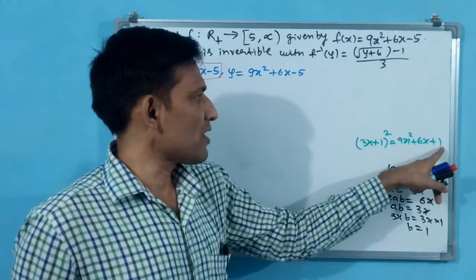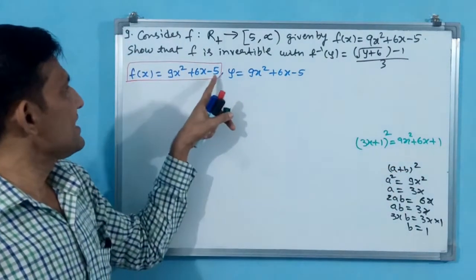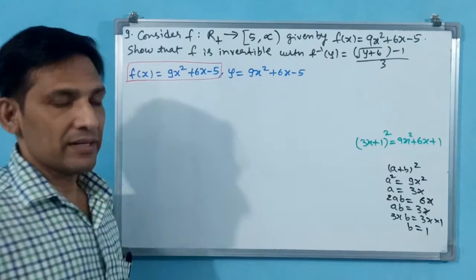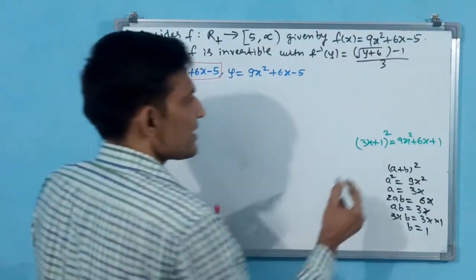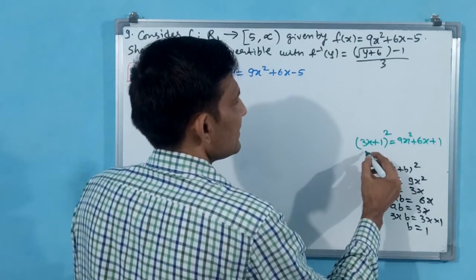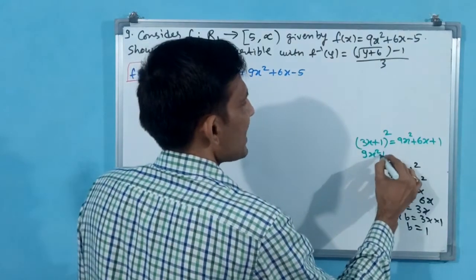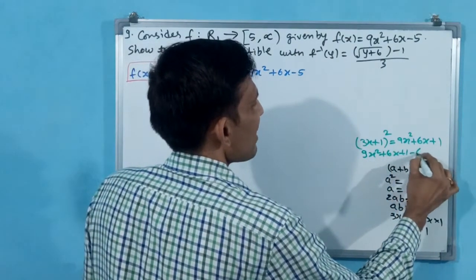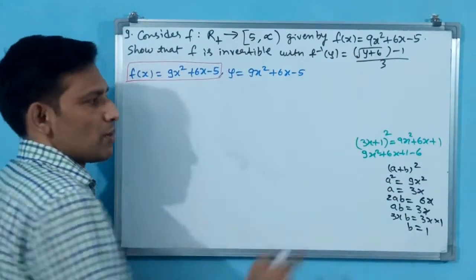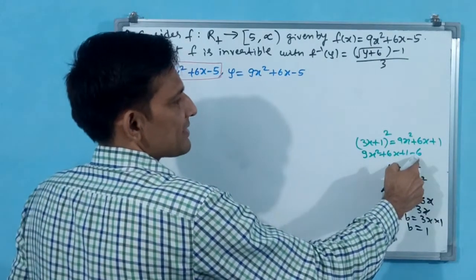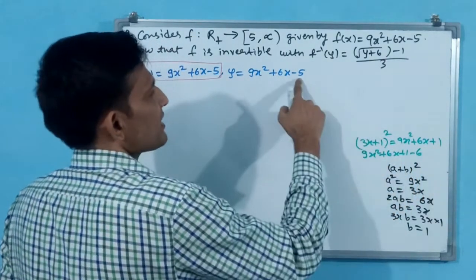B square, 1 square, 1 only will come. But what is there here? Minus 5 is there. Then what do you have to write? You have to write 9x square plus 6x plus 1 minus 6. Plus 1 is already there. If you write minus 6, automatically minus 6 plus 1 gives minus 5.